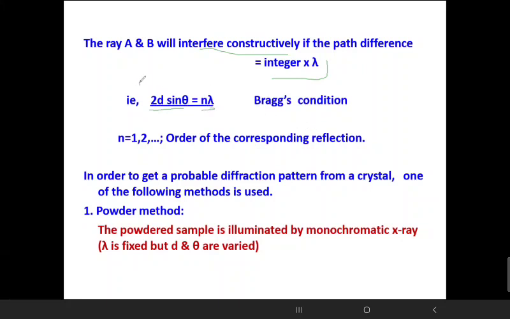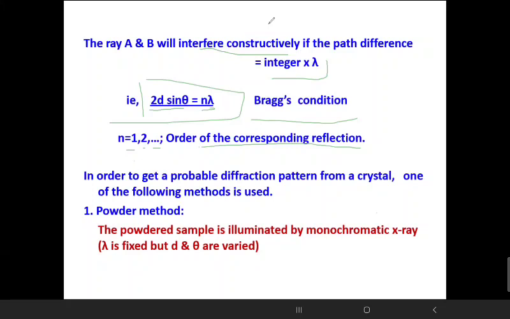This is an important condition, known as Bragg's condition, where n is equal to 1, 2, 3 and so on. This n is the order of the corresponding reflection.